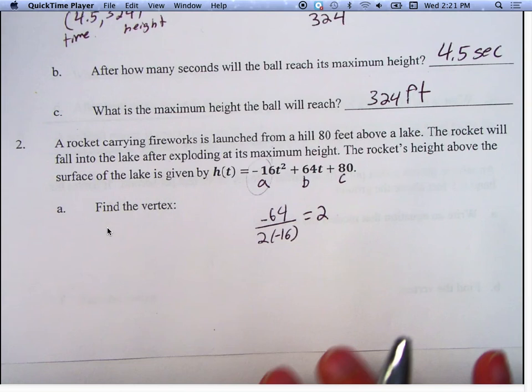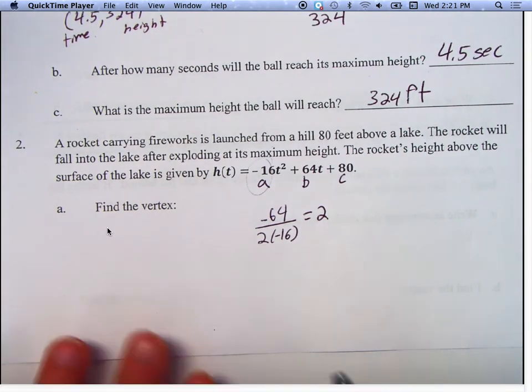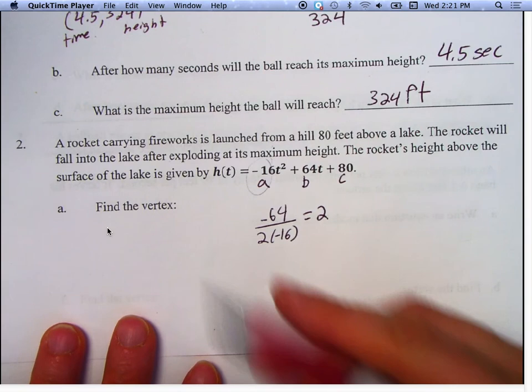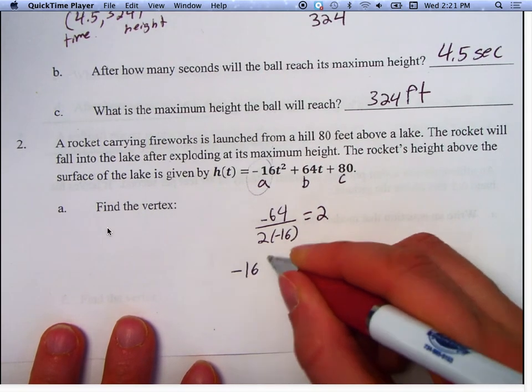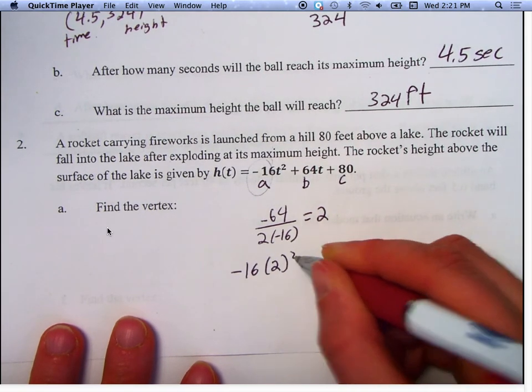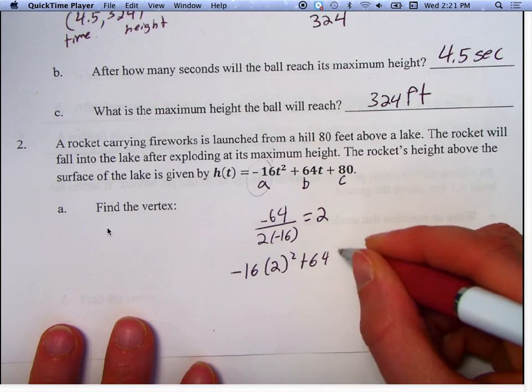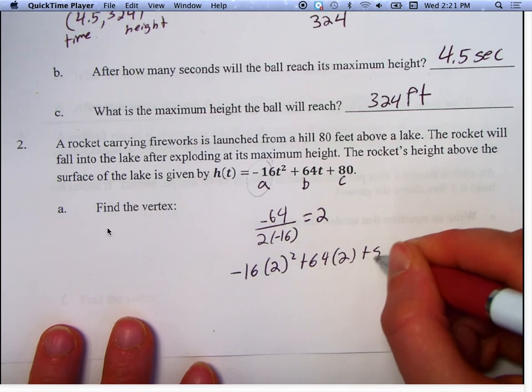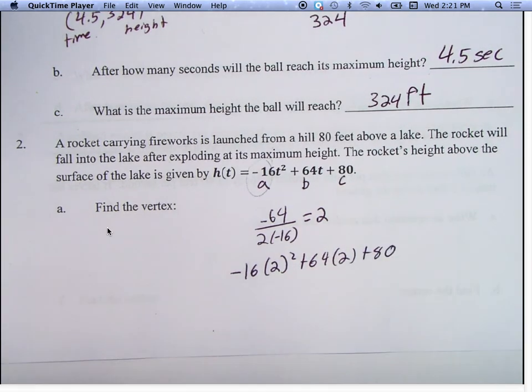Okay, now that's just the x value. How am I going to get the y value? Plug it in, right? Negative 16 times 2 squared plus 64 times 2 plus 80. Remember, we can put that all in our calculator at once.